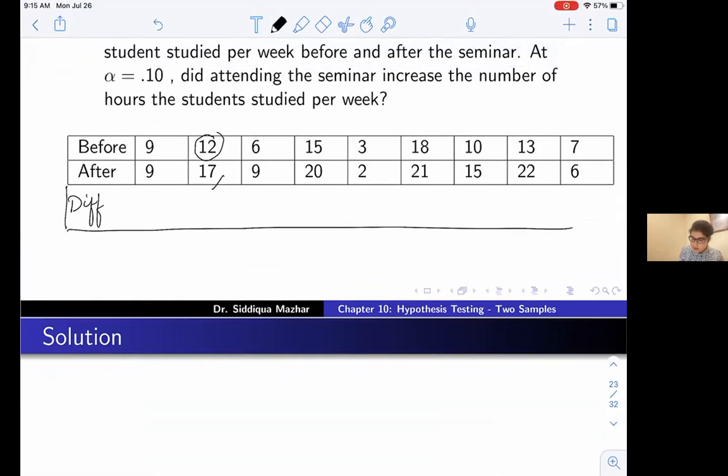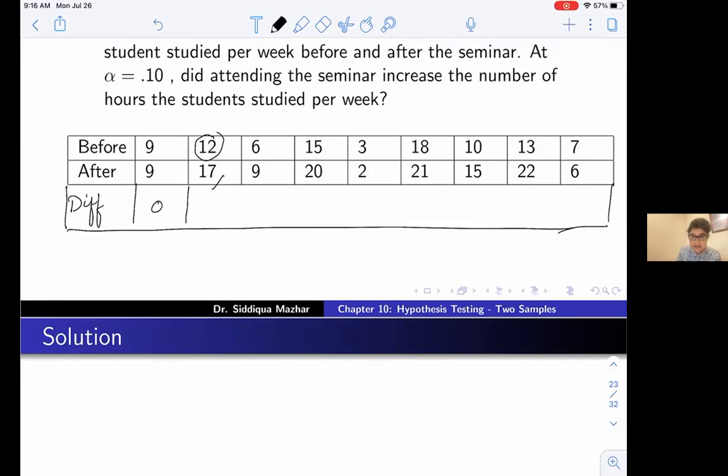I'm going to create one more row, which is for the difference in number of hours for each student. For the first student, there is no effect, 9 minus 9. We will take the difference as after minus before.